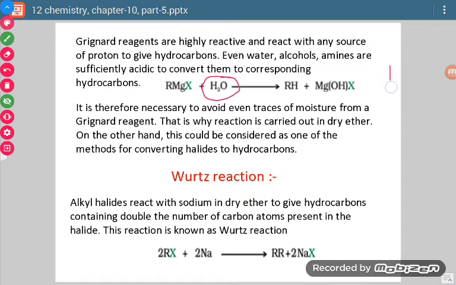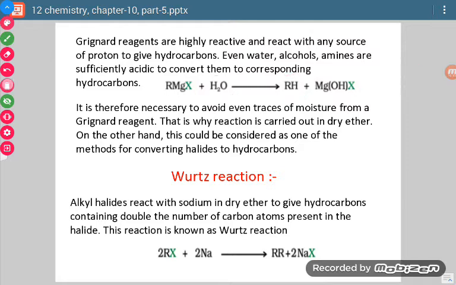Their nature is that they will definitely gain hydroxide ion, and they will get converted into alkane after gaining hydrogen. Okay, so that will happen.